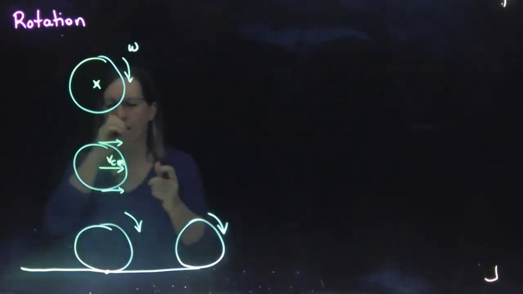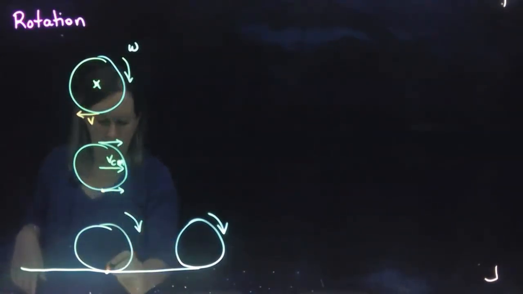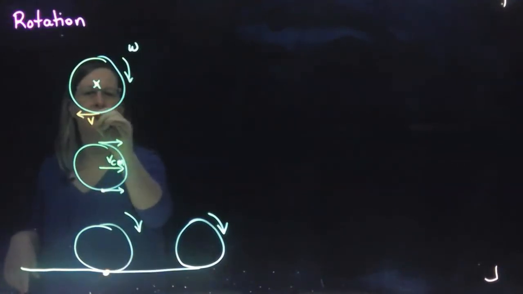So we need to add this V to a V going the opposite way, exactly the same speed, V associated with the rotation, so that they give me a 0. So this is equal to V center of mass.